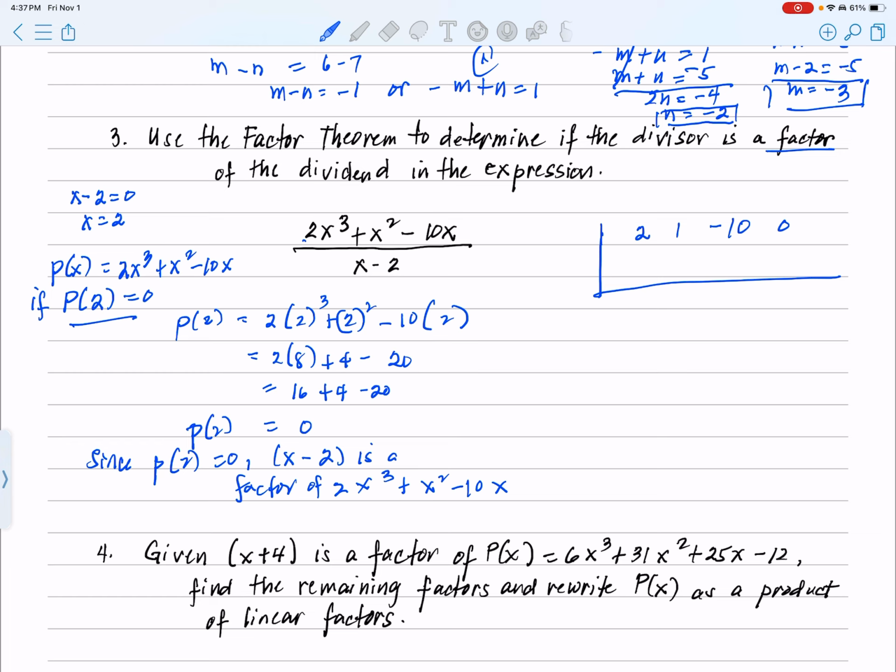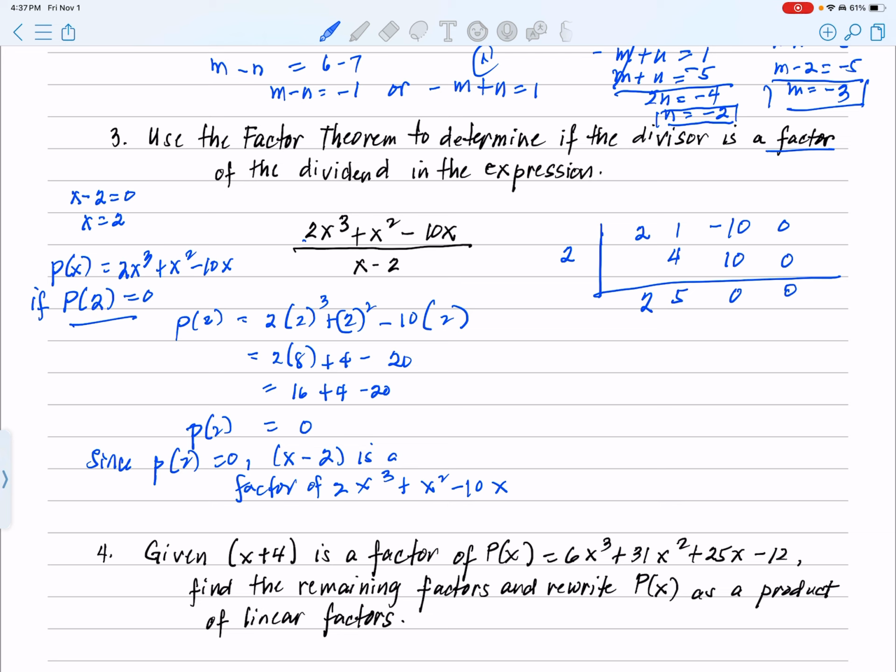And our divisor is 2. Bring down 2. 2 times 2 is 4. 1 plus 4 is 5. 5 times 2 is 10. 10 minus 10 is 0. 0 plus 0 is 0.